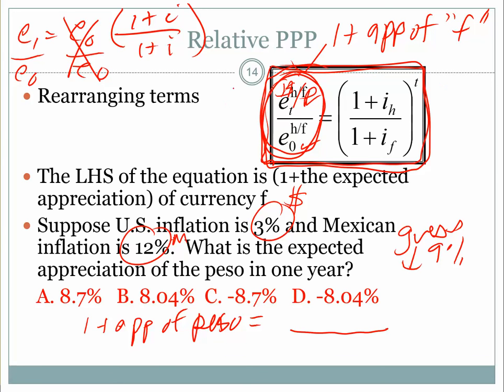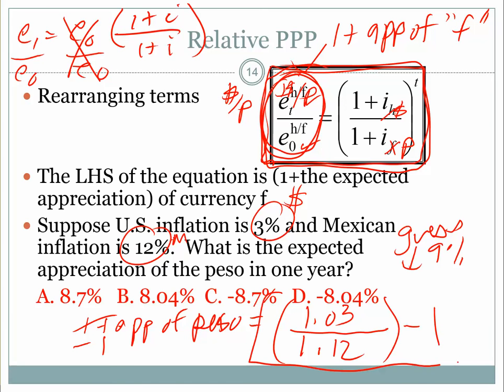So I want to use dollar price of a peso, new over old. That'll tell me what happened to the price of the peso. Therefore, I would need dollar over peso inflation rates. So 1 plus the appreciation of the peso is the ratio of 1.03 over 1.12. Let's subtract 1 from both sides. This would be the appreciation of the peso, and that turns out to be D, negative 8.04.